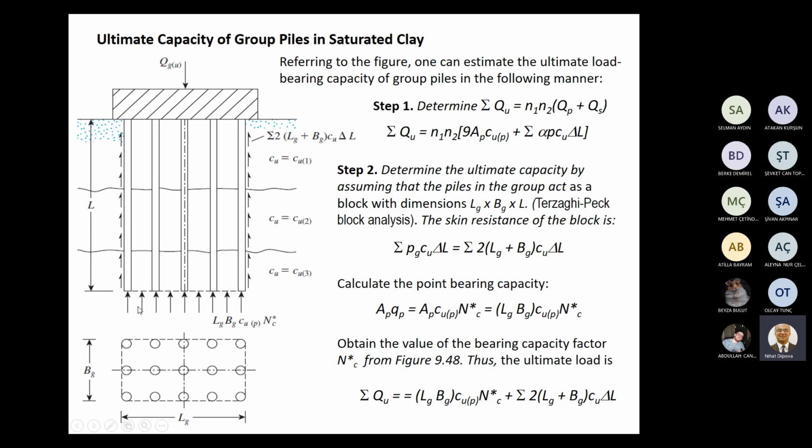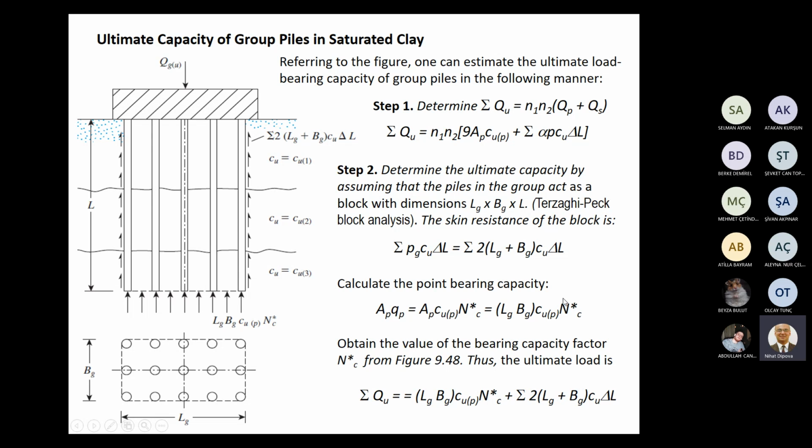How can we calculate end bearing? End bearing, very simple. Area multiplied by QP, because we determine QP as Cu times NC, and area equals L times B, L of group multiplied by B of group. Then this is the point bearing or end bearing capacity.